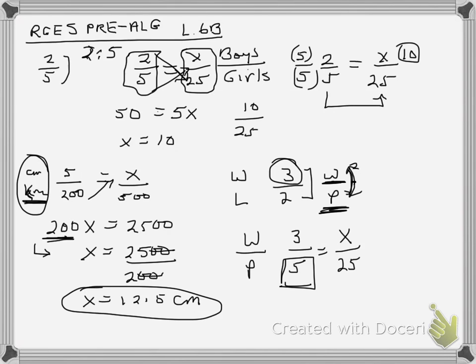They gave me 3-2, but I need to convert that to 3-5 because 5 is the number of games played in all. Again, I can do it two ways. I can cross multiply, or I can ask, what do you multiply 5 by to get 25? And the answer is 5. So if I multiply the denominator by 5, I need to multiply the numerator by 5. And so x equals 5 times 3, or 15. They won 15 games out of 25, or a 3-2 ratio.